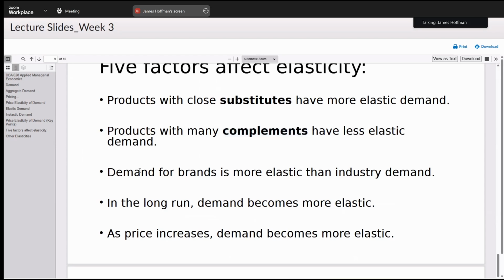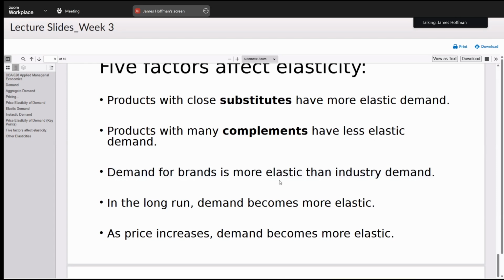Okay. Demand for brands is more elastic than industry demand, which makes sense, take toilet paper again. For toilet paper in general, it's pretty inelastic, right? Most consumers consume it. During COVID, there was a panic. It became one of the most prevalent things.